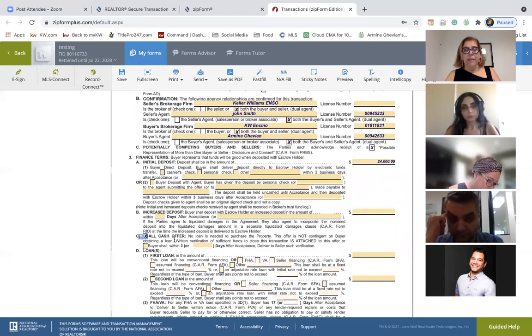And by the way, when it says there is an all cash offer and no loan, the offer is not contingent on buyer obtaining a loan. Written verification of sufficient funds to close this transaction is attached to this offer. So make sure that when an investor comes to you and says, I'm going to write all cash offers, you are the agent.